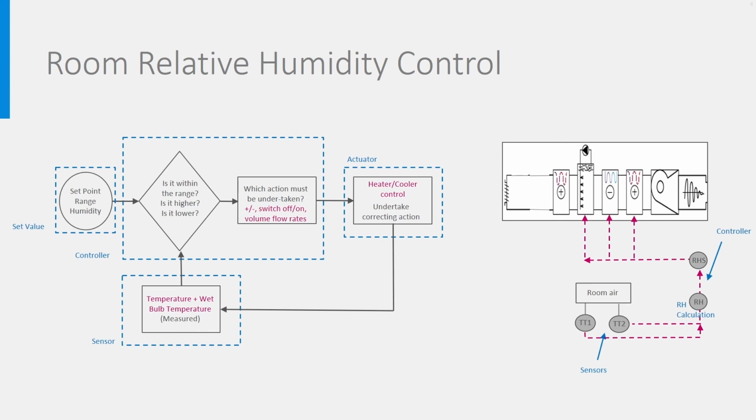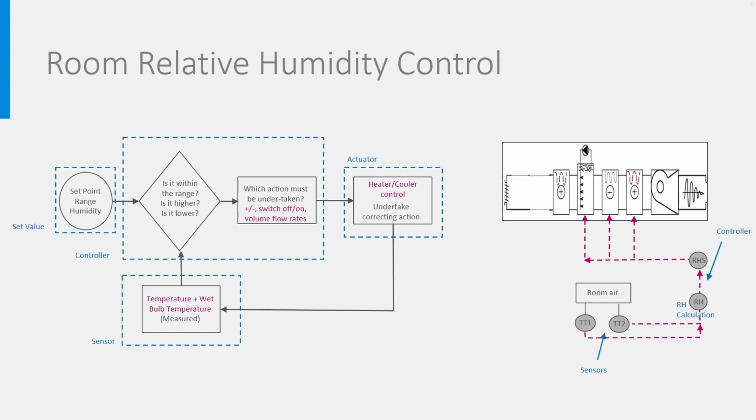You may remember from another lecture that relative humidity can be determined by measuring simultaneously the dry bulb temperature and the wet bulb temperature. A wet bulb thermometer is just a thermometer wrapped in a humid cloth. So, this time, we have two sensors. The controller has a lot of decisions to take and to send to the actuators.